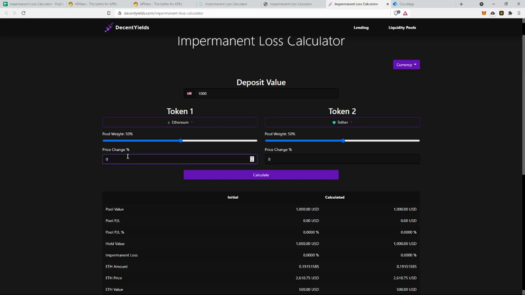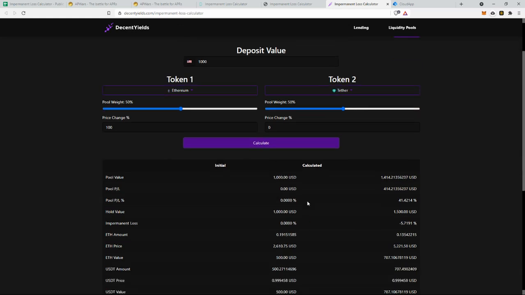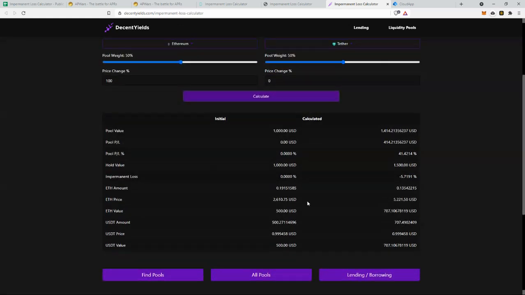Let's say that the Ethereum price changed by 100%. That means that it went to 2 times the initial price that you had, which was, let's say, $500. It's hard to think about that in these moments, but let's not forget that Ethereum used to cost below $500. So if you calculate that, you'll get lots of values that you have to interpret.